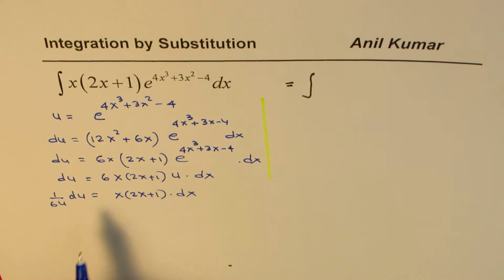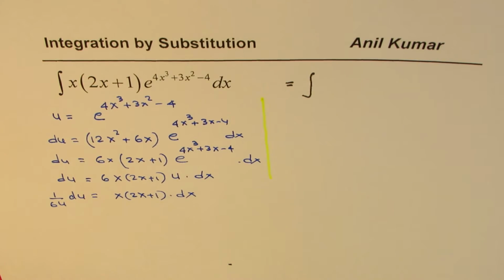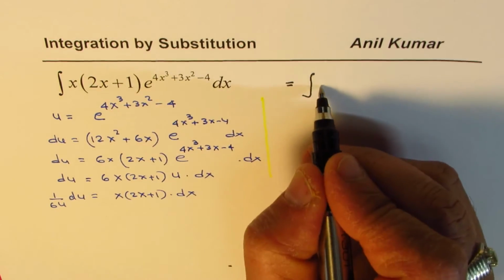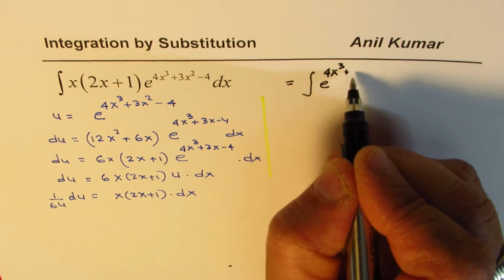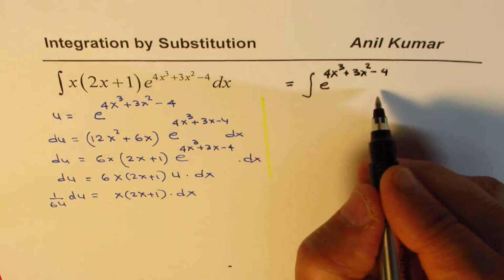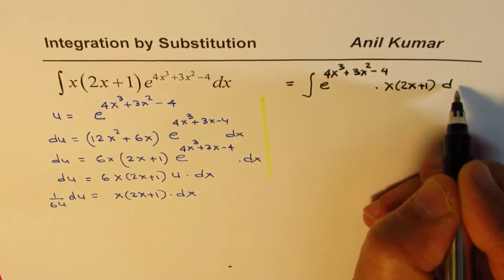Now in this particular situation, let me rearrange that part and show you what we have. We could write this as e to the power of 4x cubed plus 3x squared minus 4, and then x times (2x plus 1) dx.